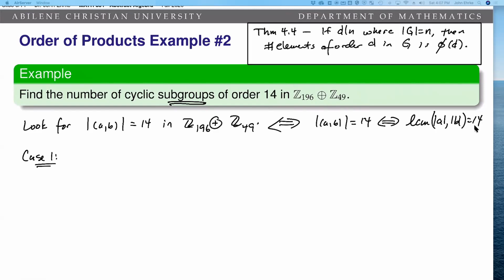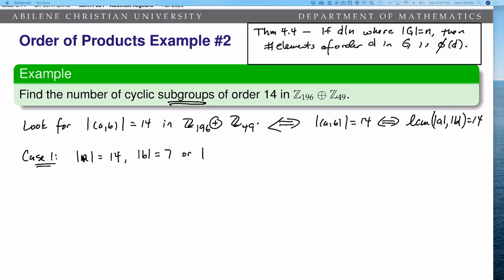We could list all the divisors of 196 and all the divisors of 49, but because the number is so low, 14, there's only so many ways that you can have a least common multiple of 14. So case 1 here is, let the order of a be 14, and let the order of b be 7, or let it be 1. I'm going to lump both of those into this case.